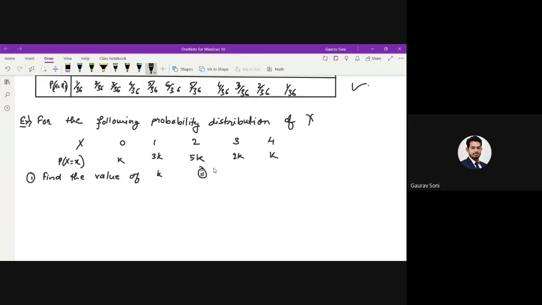The other ones: find probability of X greater than or equal to 2, probability of X less than 3, and probability of X less than or equal to 1.